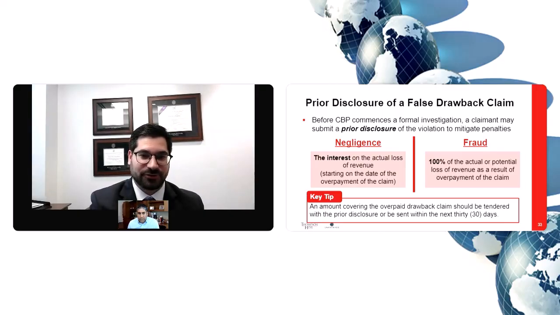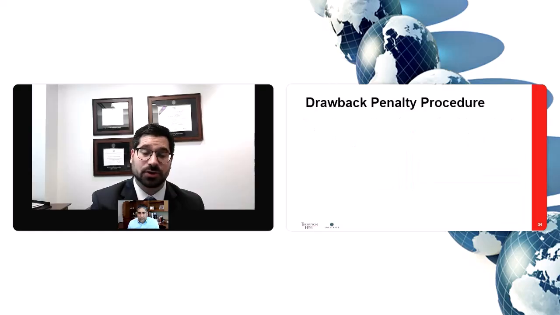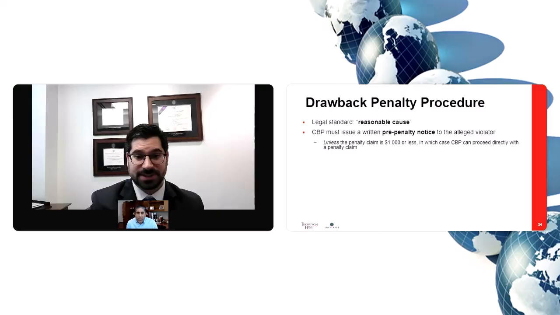Just to provide you with how this looks procedurally, basically you wouldn't see a penalty unless CBP had reasonable cause to pursue one. That's the legal standard here. If CBP does have reasonable cause, then they will send the alleged violator a written pre-penalty notice. Technically, they can actually proceed directly with a penalty claim if the claim itself is $1,000 or less.